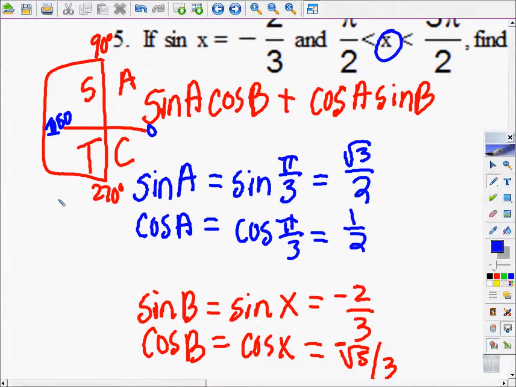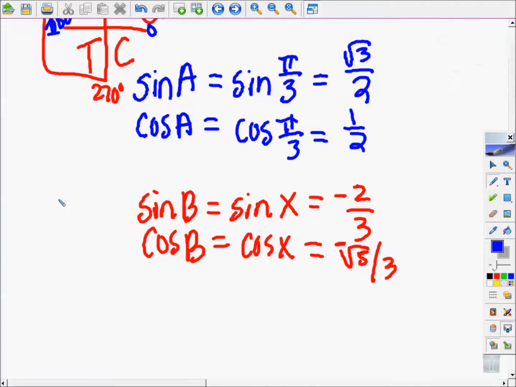So therefore, when we found the square root of 5 over 3, it's not a positive square root of 5 over 3. It's actually a negative square root of 5 over 3. And that's why they gave you that restriction. It said I lie between this and that. So because I lie between that, my trig value is either going to be positive or negative. And if you remember the little saying, then you'll know what's positive and what is negative.